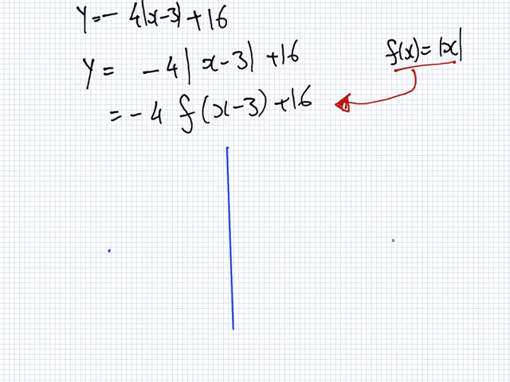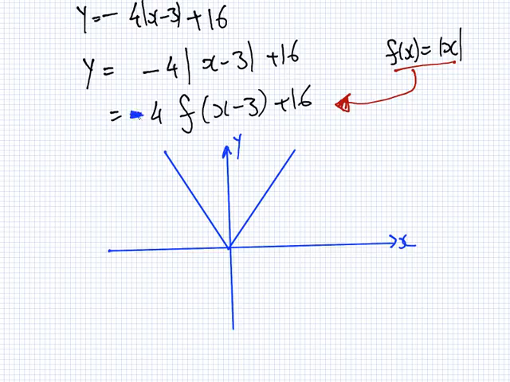We'll start off with the modulus of x. What does the minus 4 do? Well, what does the minus do? Yeah, upside down. And then what will the 4 do? Not quite. It makes it 4 times bigger, like this.